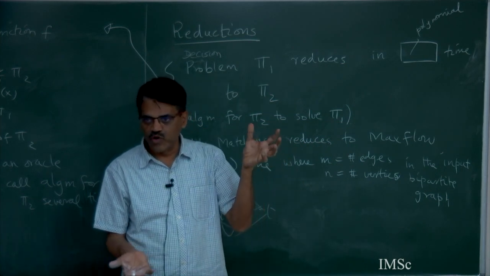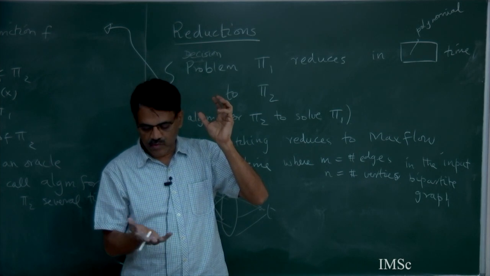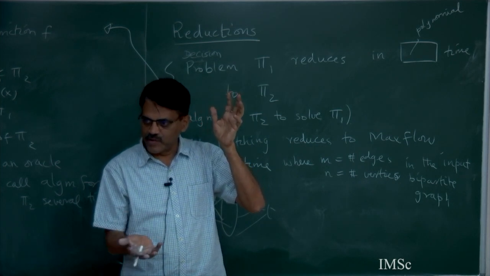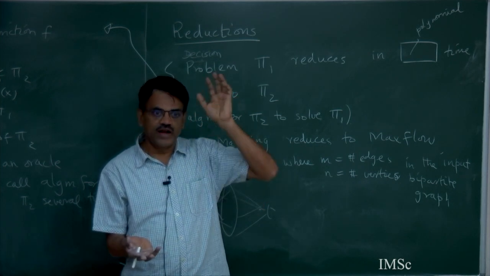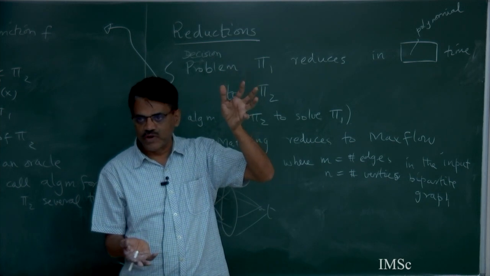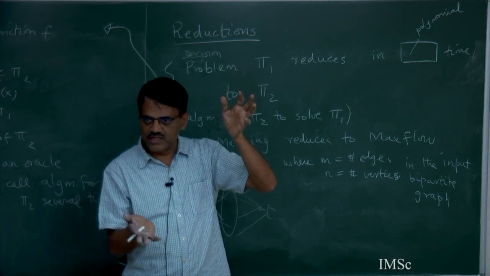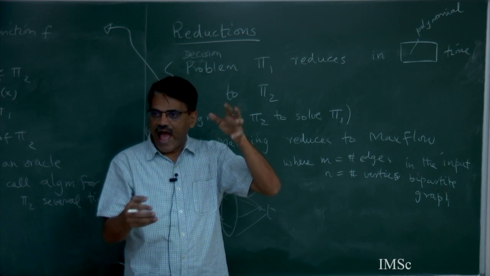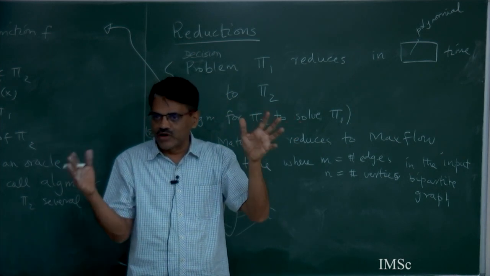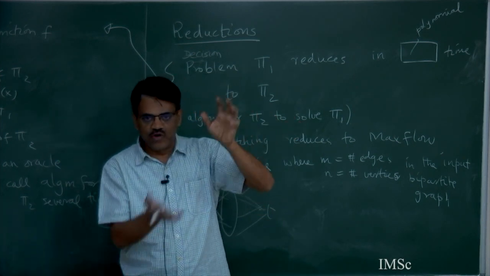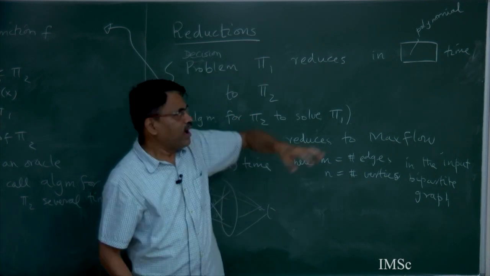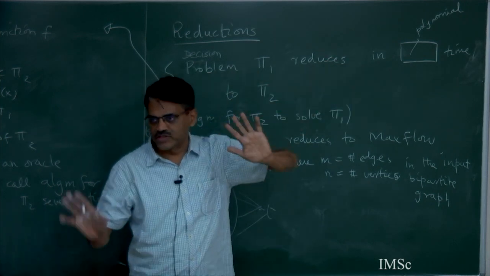You want to show that this problem is unsolvable. If I already know some problem which is unsolvable, and I have an algorithm for the reduction, I don't care about whatever the time is, then I would have shown it. So in that reduction, some algorithm was enough.